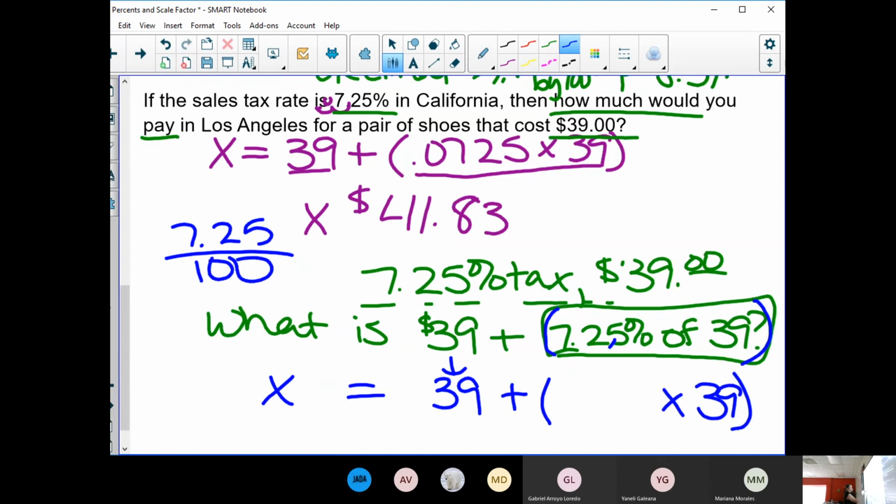This right here divided by 100 tells me to move my decimal 2 places, and we have to put a 0 in that open space. Okay, so 0.0725. And that's how I got the equation. Does that help you, Yariel?